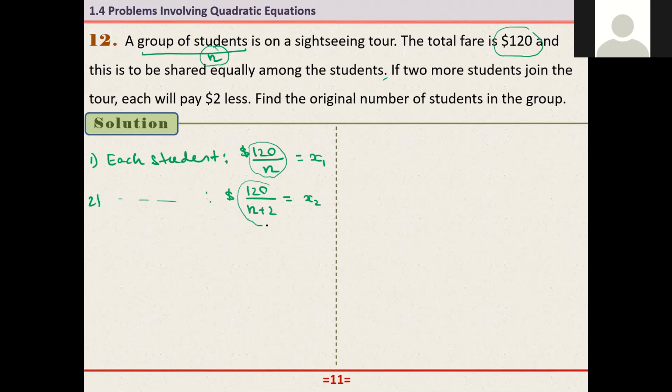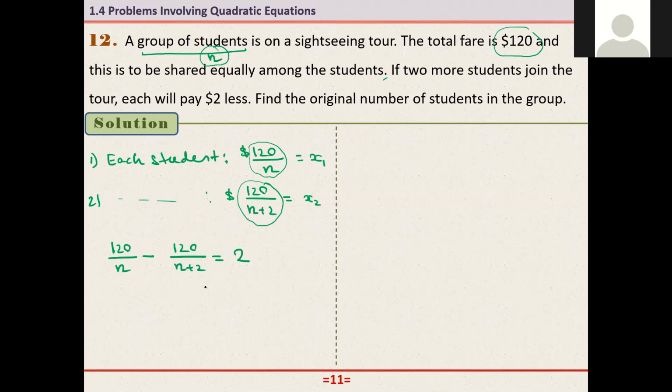Now, if we have 2 more students, each student should pay this much. So it says that if 2 more students join the tour, each will pay $2 less. So that is 120 over N minus 120 over N plus 2, that is equal to 2, right?